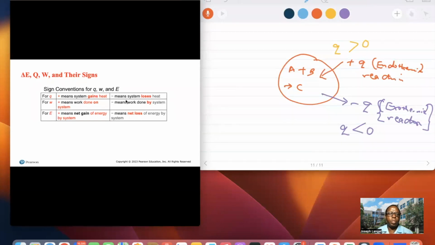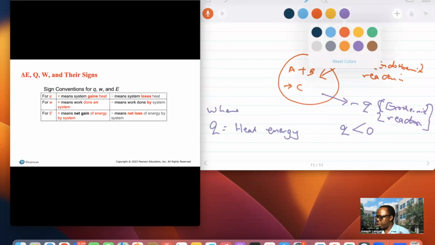So that is the convention for Q, where Q is heat energy.